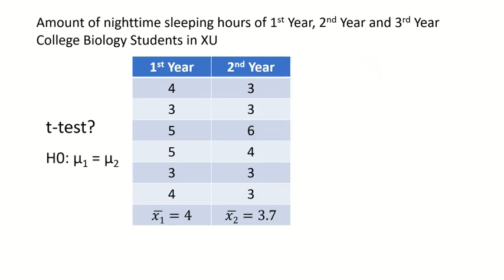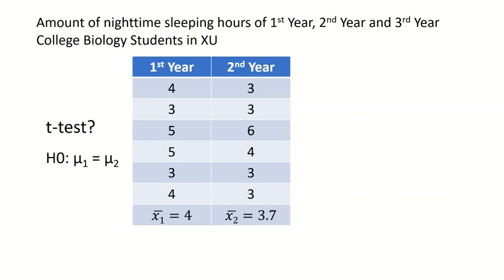Remember in Microsoft Excel, when we use the t-test, the limit is for two samples. Because we are comparing three samples from three populations, we are going to do hypothesis testing by pair.